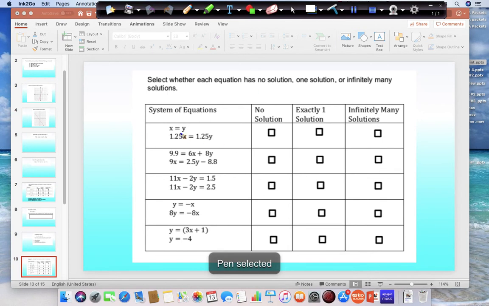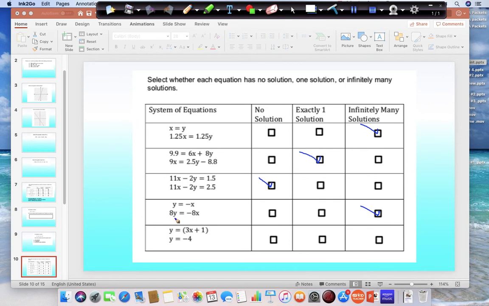Okay, here we are dealing with the same thing again. These two equations are the same, so it's going to be infinitely many. These are completely different, so it's going to be exactly one solution. These only have one thing that's different between them, and so that is no solutions. The next problem, they are the same, so it is going to be infinitely many.